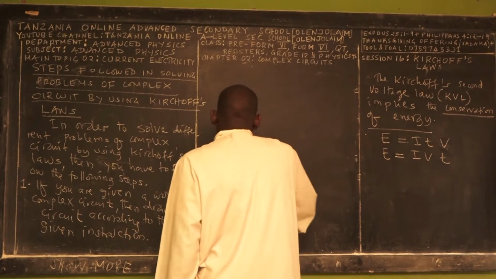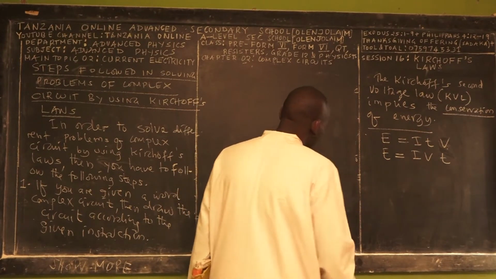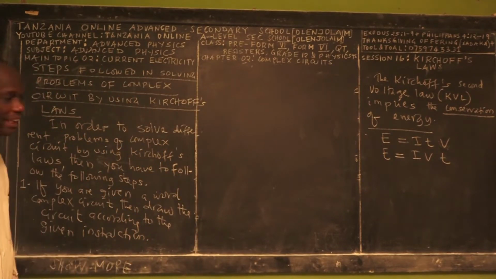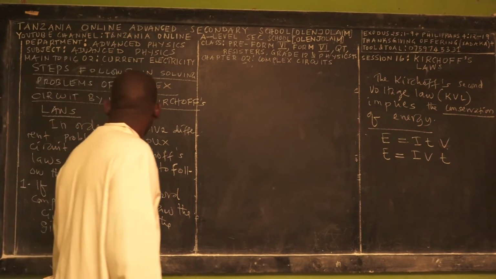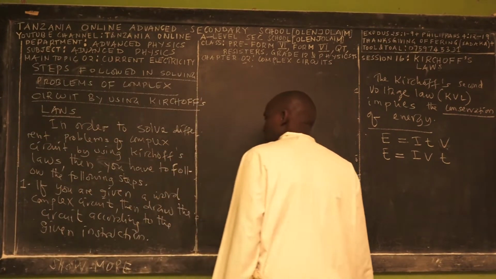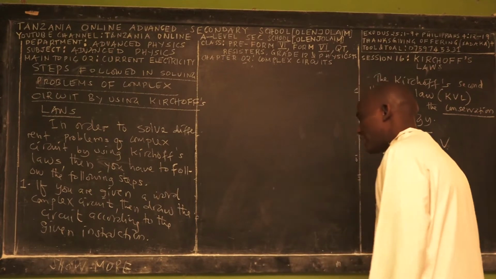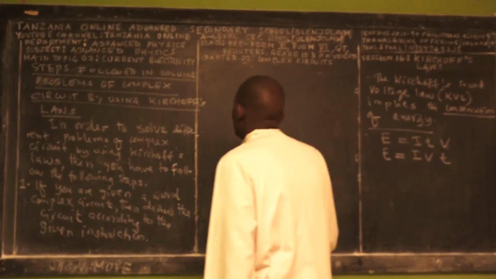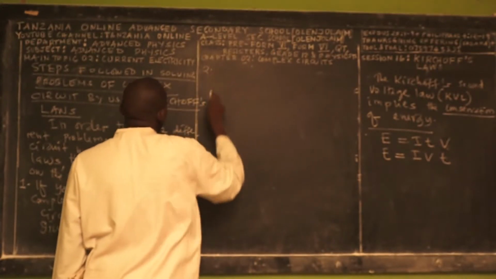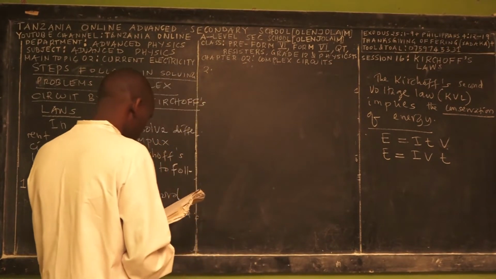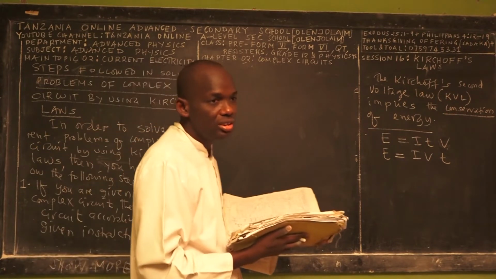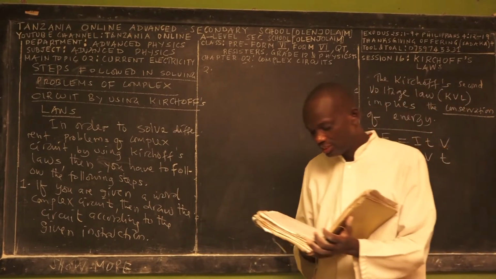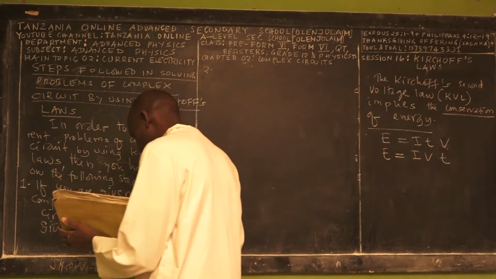So the first step in dealing with complex circuits by using Kirchhoff is to draw the circuit. Drawing is mandatory in complex circuits, right? And we will realize it as long as we continue this topic.